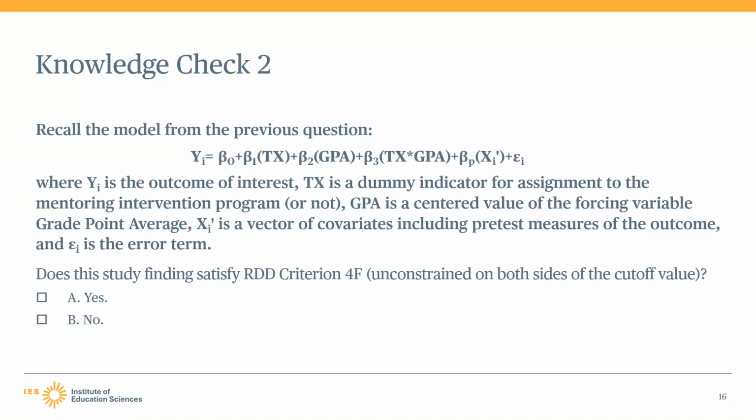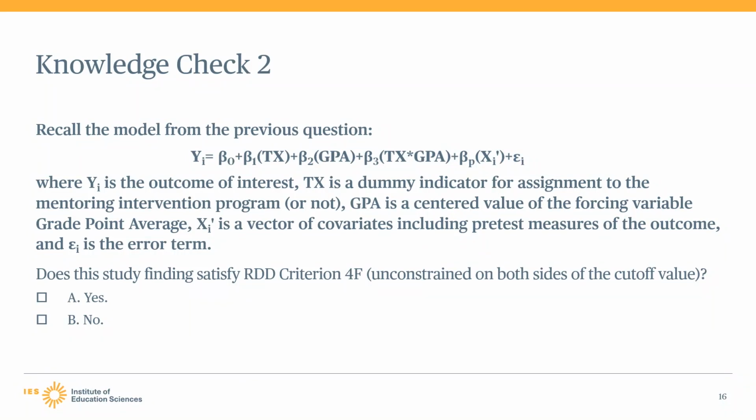Knowledge check 2. Recall the model from the previous equation. Yi equals beta naught plus beta 1 times Tx plus beta 2 times GPA plus beta 3 times the interaction between treatment and GPA plus beta Xi naught plus epsilon i, where Yi is the outcome of interest, Tx is a dummy indicator for assignment or not to the mentoring intervention program, GPA is a centered value of the forcing variable grade point average, Xi naught is a vector of covariates including pretest measures of the outcome, and epsilon i is the error term.